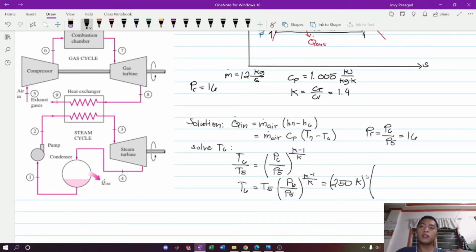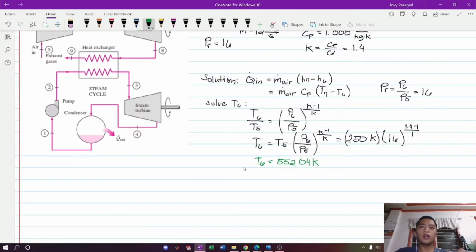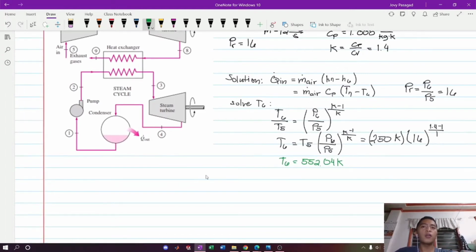So 250 Kelvin times 16 to the power of 1.4 minus 1 over 1.4. T6 is equal to 552.04 Kelvin.